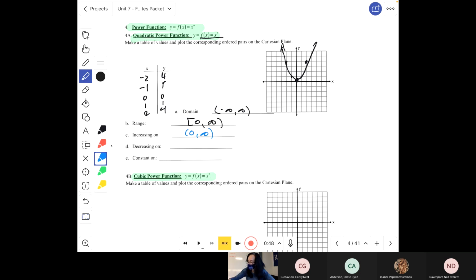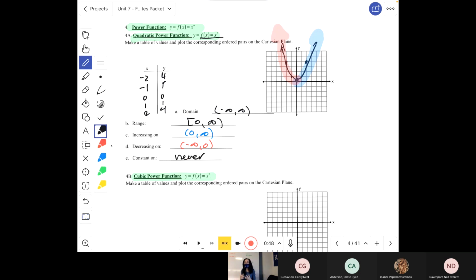Beautiful, right? So if I'm looking at my graph, where is it rising left to right? There. Where is this function decreasing? Very good. So it's falling here, and we will have to identify those intervals. And where is it constant? Never.